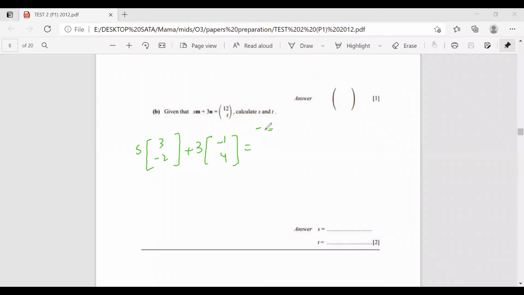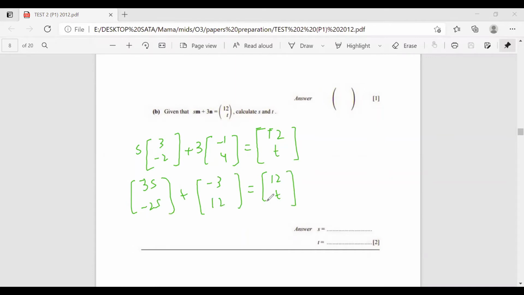If I multiply S within the bracket, I'll get 3S and minus 2S, plus, after multiplying 3 in the bracket, I'll get minus 3 and 12, equals 12 and t.